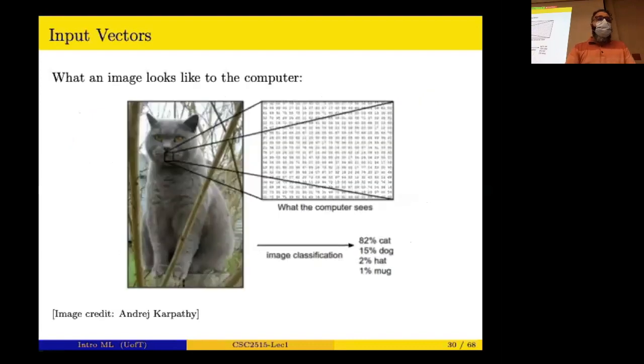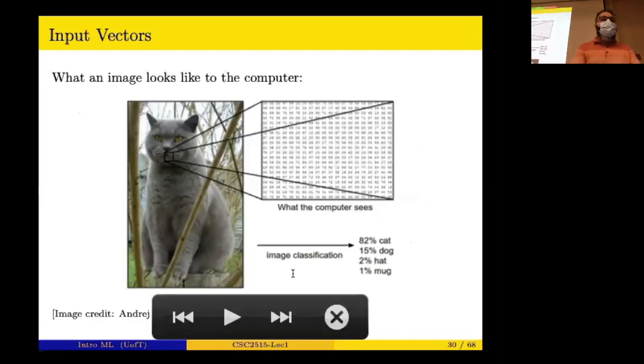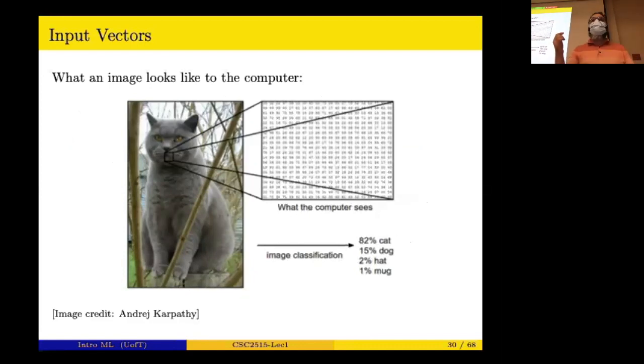Let's think about how images look to a computer. Probably you already know this, but essentially, when an image is on a computer, it is recorded as a bunch of bytes. Each pixel corresponds to the red, green, blue value of that pixel, or other color encodings.